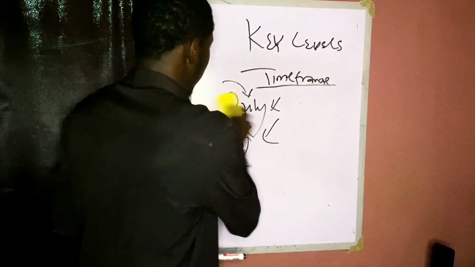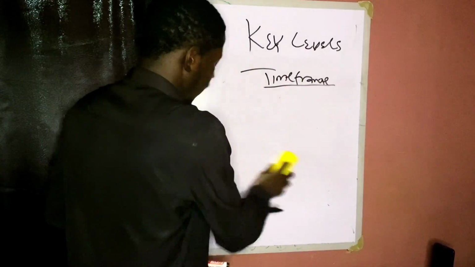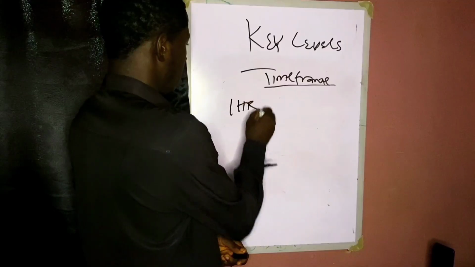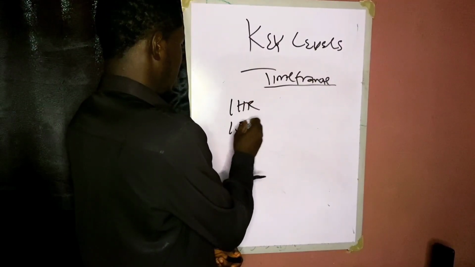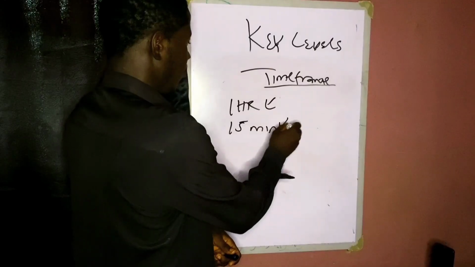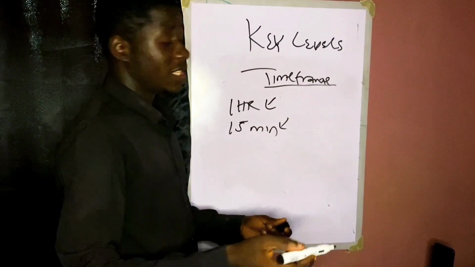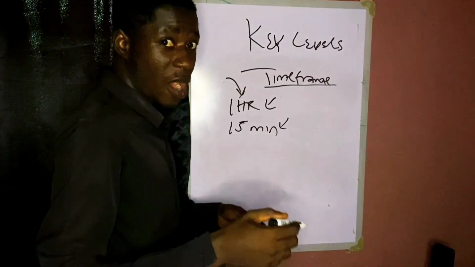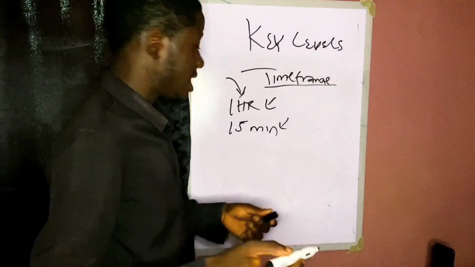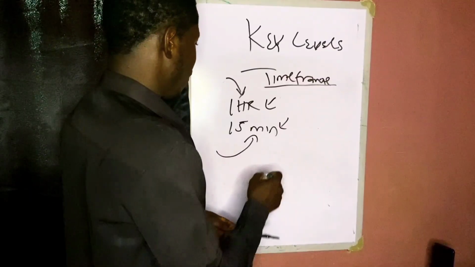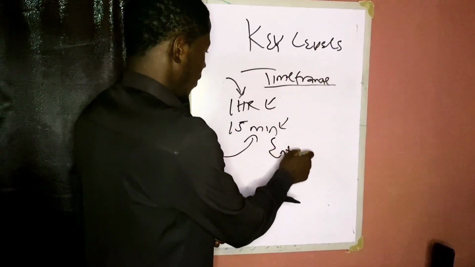Then the lower time frame, I use the 1 hour and the 15 minutes personally to look for entries, right? Now, if I'm looking at the daily chart, my entry time frame will be the 1 hour, and if I'm using the 4-hour as my higher time frame, then the 15 minutes would be where I'll be looking for entries, right?